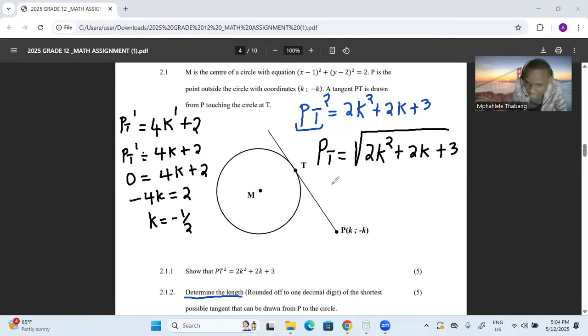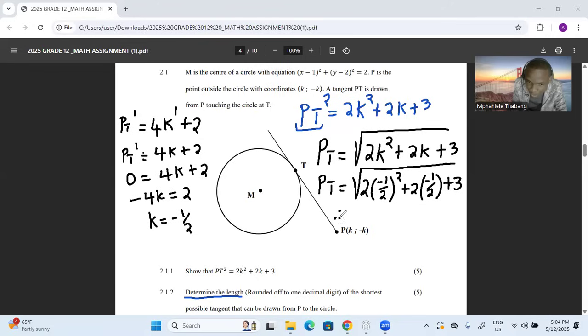And I will say this PT is at its shortest distance if the value of k is negative 1/2. So I will say negative 1/2 squared. I'm substituting k with negative 1/2 because PT is the shortest distance if k is negative 1/2, plus 3.